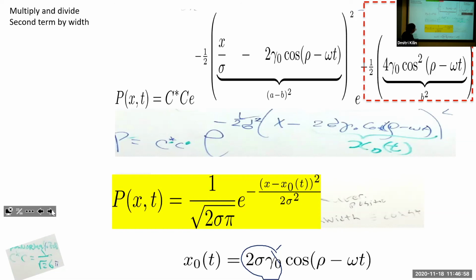But if we carefully continue, which I'm not going to do, then one can find that this normalization factor C star C will also be time dependent, and they are going to cancel this stuff, and things will be quite simple.